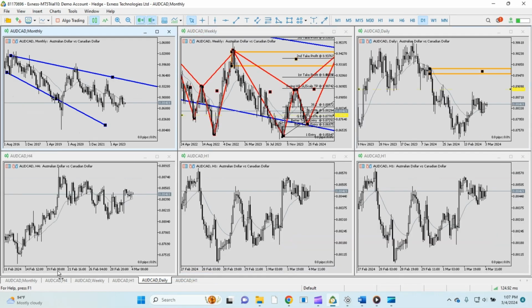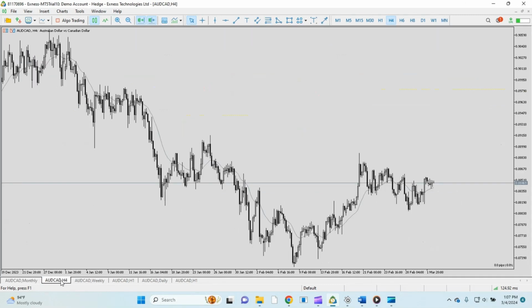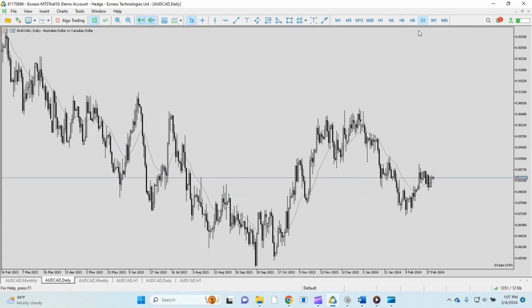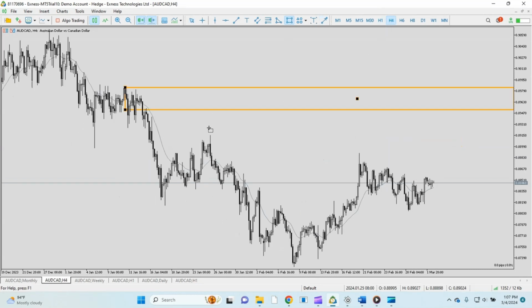Then let's go to the 4 hourly chart and see what is happening there. In the 4 hourly chart, let's get a tip from the 1 hour chart. So what is happening in the 4 hour?